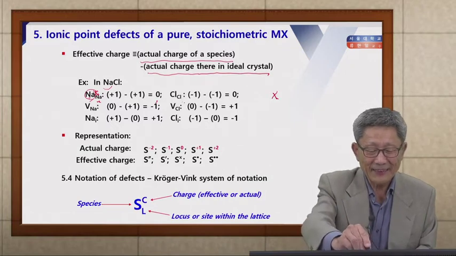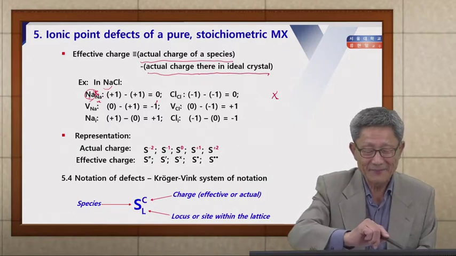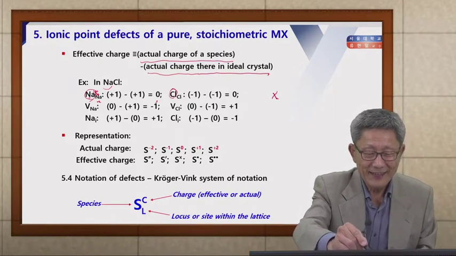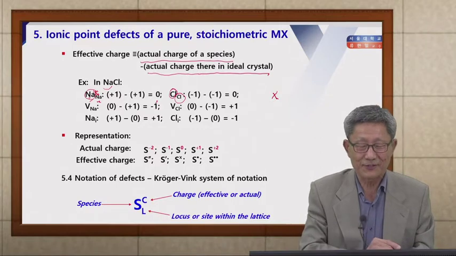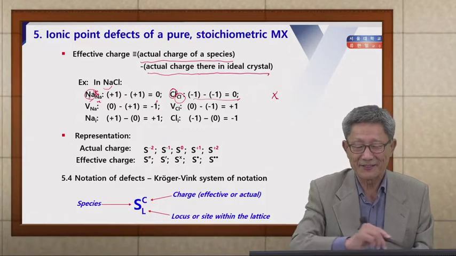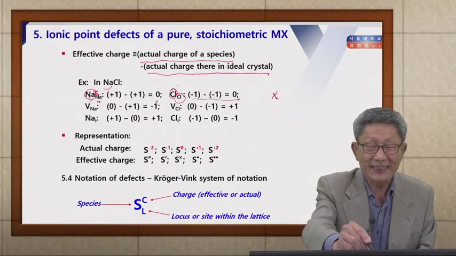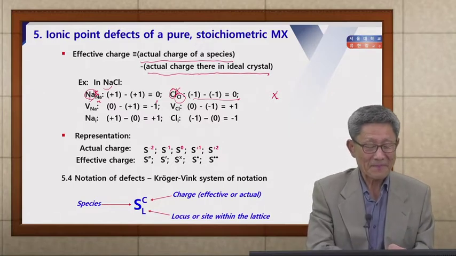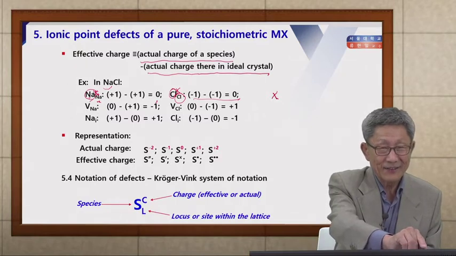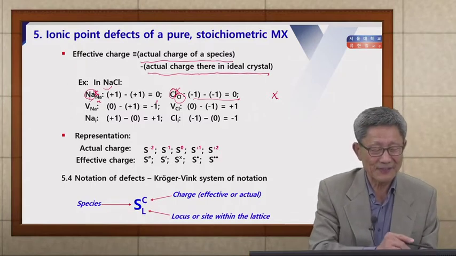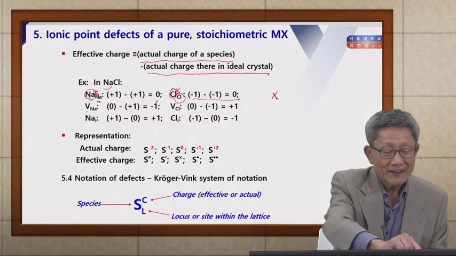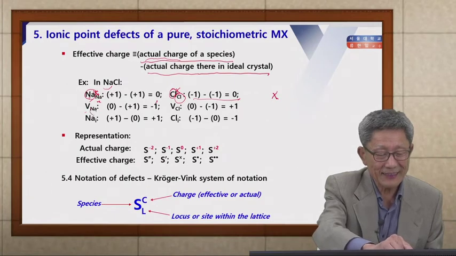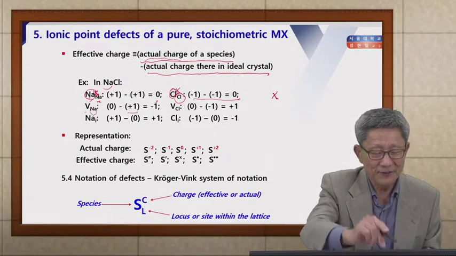What about the chlorine ion on a chlorine ion site? This has charge minus 1, and the site has minus 1 as charge. So it makes 0. So we represent this one, in terms of effective charge, as x. What about the sodium vacancy? We just analyzed it in the previous slide. This vacancy has 0 actual charge, and the site has positive unit charge.